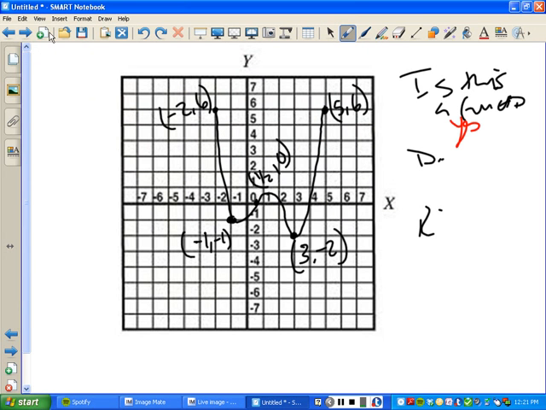Now, domain. What I see so many people do, and it drives me utterly insane, is do this. Negative 2, negative 1, 1/2, 3, 5.